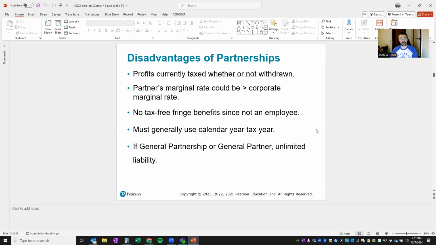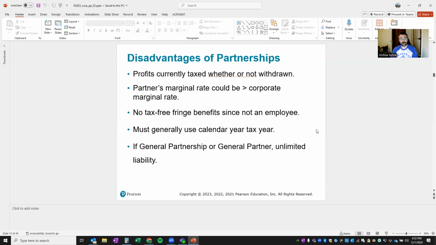Disadvantages, profits currently taxed whether or not withdrawn, similar to sole proprietorships. If your K-1 reports you have a recognized gain of 100,000, even if you didn't withdraw it, you're paying taxes on it. You'd increase your basis in the stock of the partnership, but you still recognize that. Partner's marginal rate can be greater than the corporate marginal rate, right?